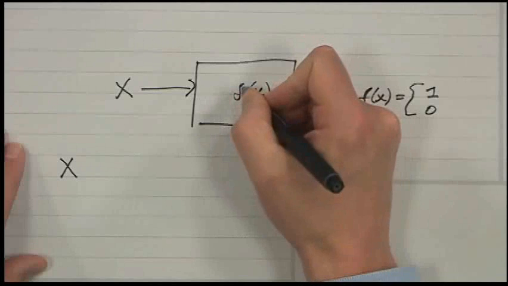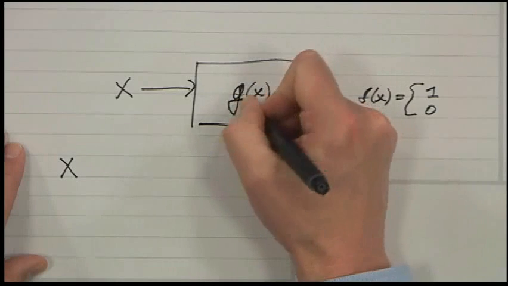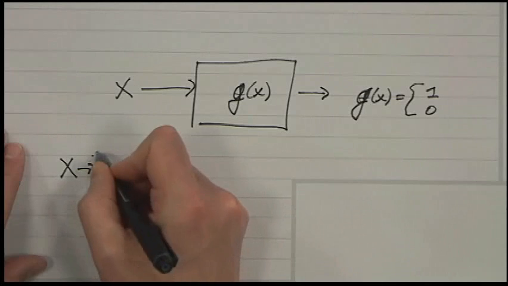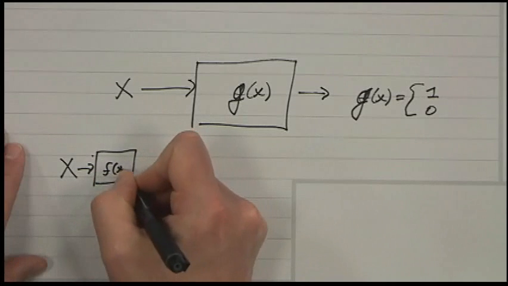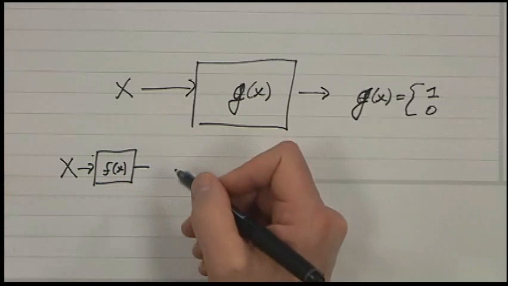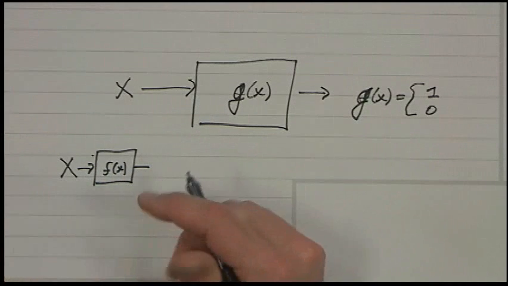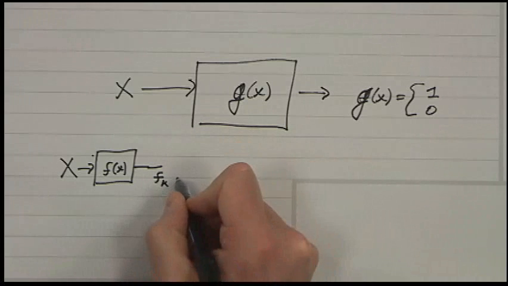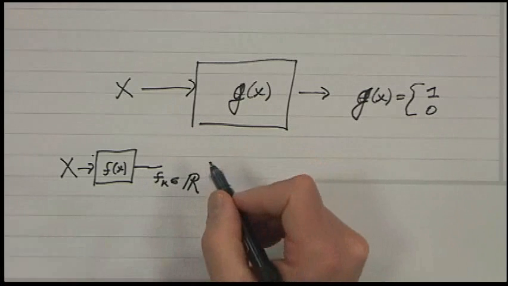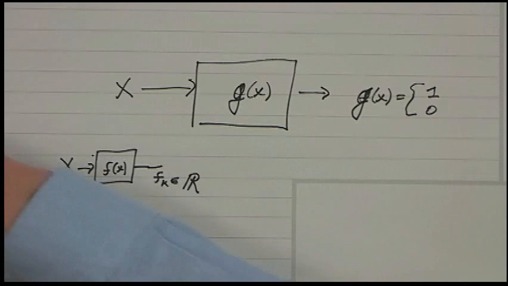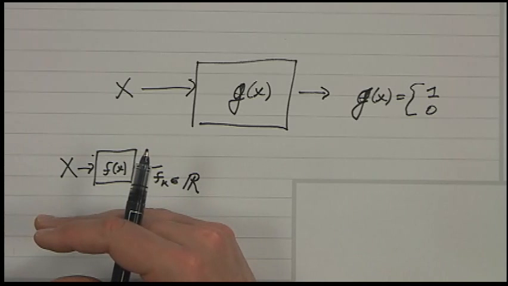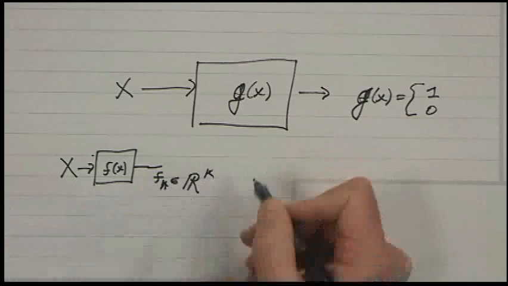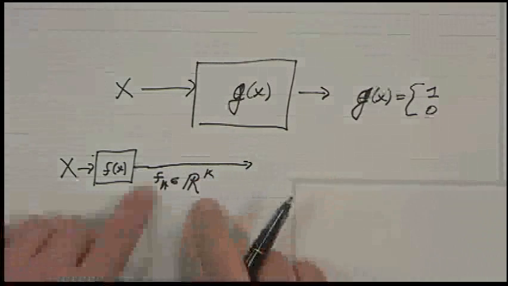I'm conflating functions, so let me use consistent notation. You take x and put it into some function f of x, and from that you generate f_k, which is a member of R to the k. This is a feature vector.